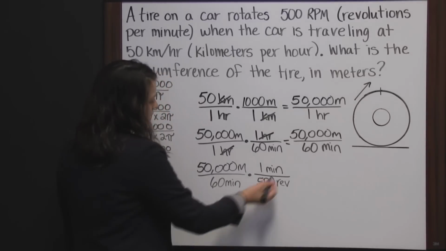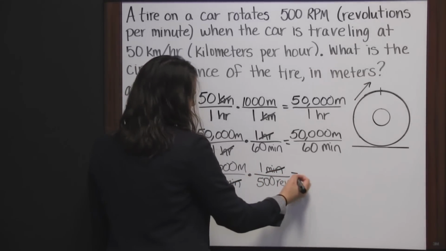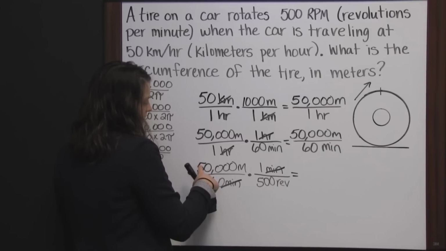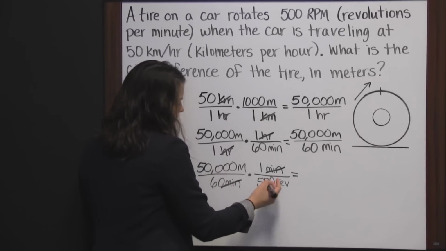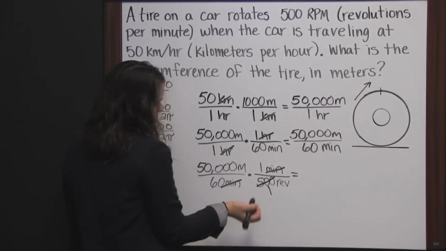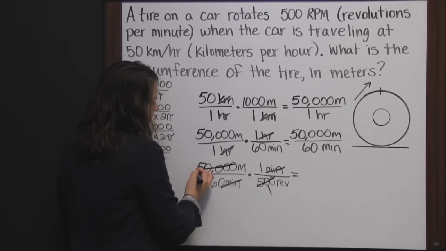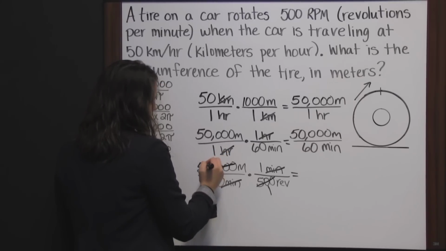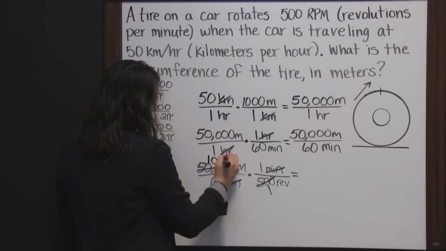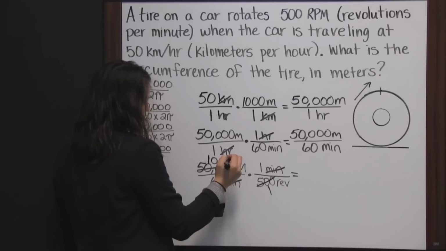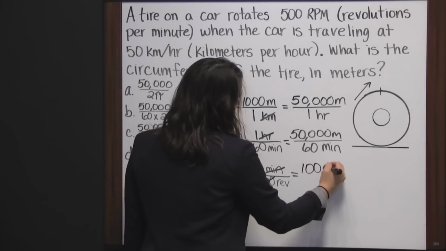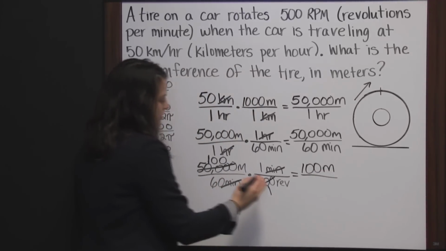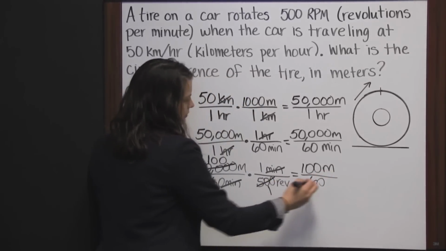So again, my units, minutes, cross-cancel. And I can cross-cancel my 50,000 and my 500 by dividing them both by 500. And 500 divided by 500 is 1. And 50,000 divided by 500 is 100. So then 100 meters times 1 is 100 meters divided by 60 revolutions.